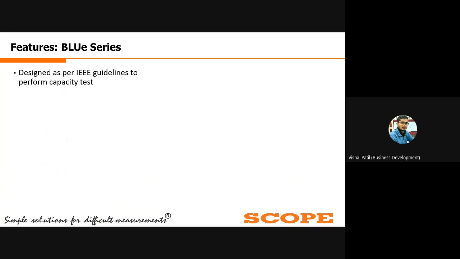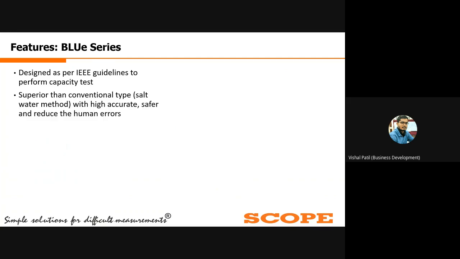Now we will see the features of our battery loading unit series, the BU series. Our BU series is designed as per the IEEE guidelines to perform the capacity test. Previously, battery discharge testing was carried out with the help of the salt water method. So what is this salt water method?